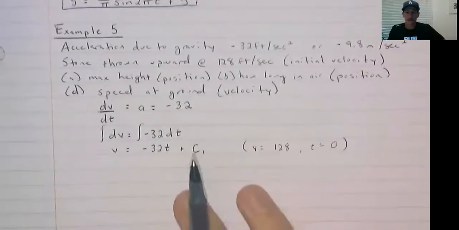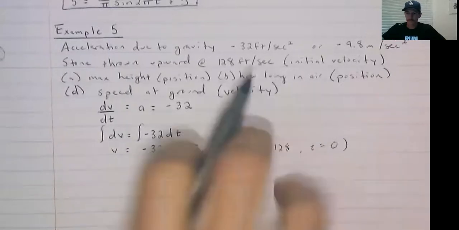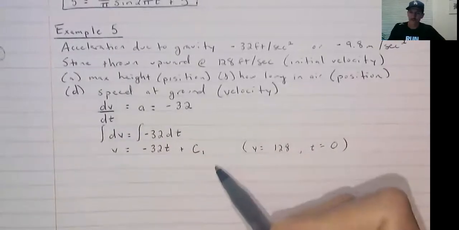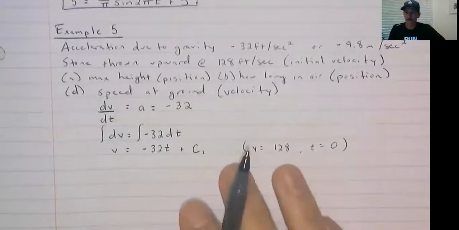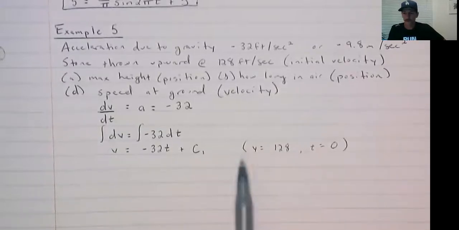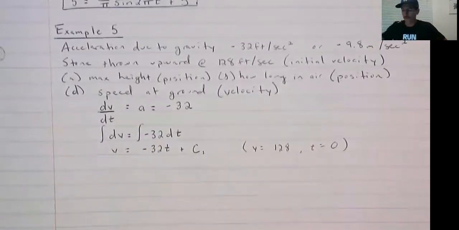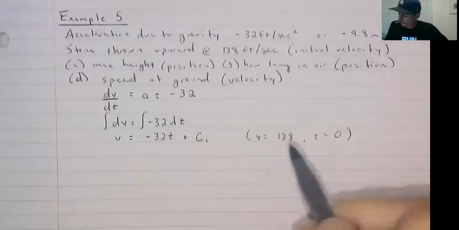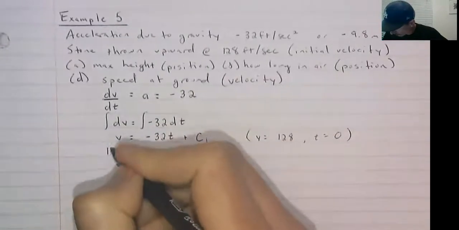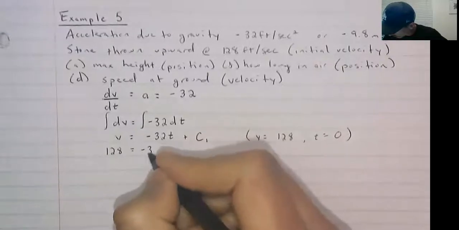In that example, we went ahead and differentiated this and then used C1 in that final example, and then we had two initial conditions, but you could do that. But we're just going to do that as we go. We're going to solve this C1 before we take this second antiderivative. So we know that velocity is 128 when time is equal to 0.